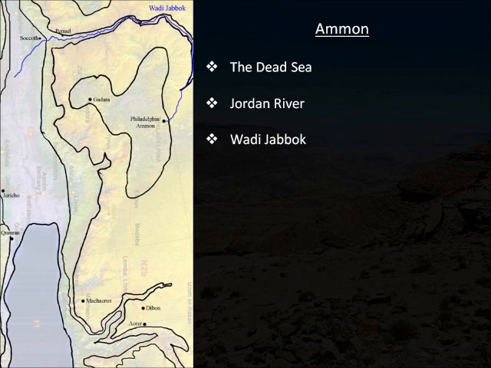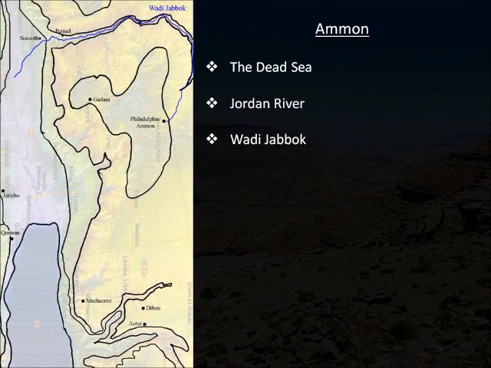So the next major body of water we want to look at is there to the north end of the map. This is the Wadi Jabok, or the Wadi Yavok. And notice that this river curves around till it reaches the Jordan River. It starts in the town of Ammon, or Philadelphia, and it travels there to the east and then starts to curve to the north and then eventually curves all the way back west until it reaches the Jordan River.